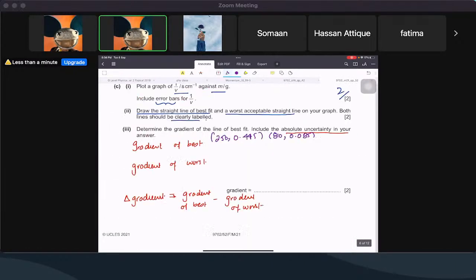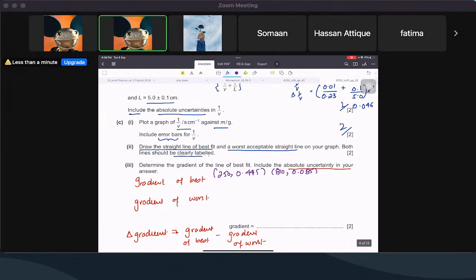Okay, fine. So to find the gradient, you know the formula. It's basically y2 minus y1 over x2 minus x1. So 0.085 minus 0.445 divided by 810 minus 250. So let's take out the calculator.